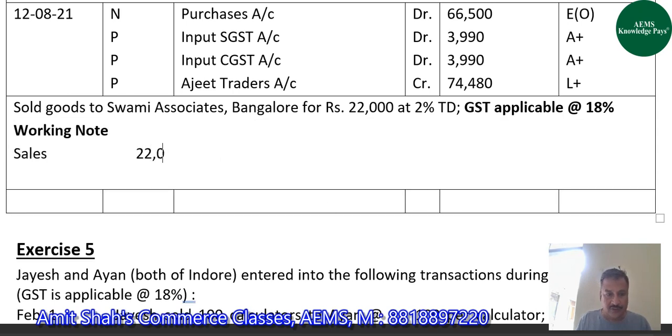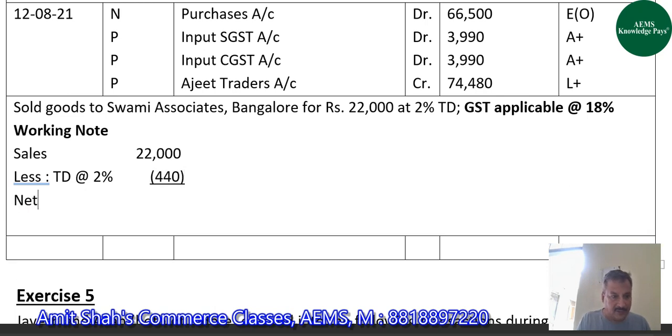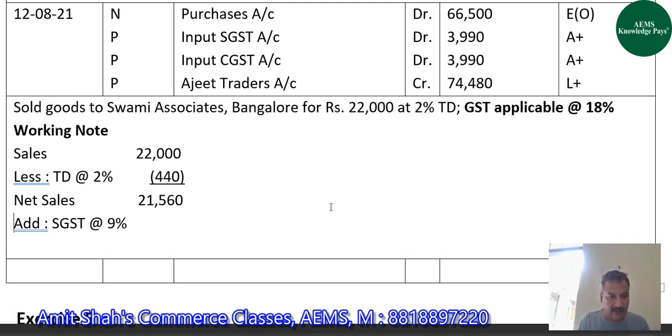Sales is of 22,000, less trade discount at the rate of 2%, that is 440 rupees. So net sales is 21,560. Add SGST at the rate of 9% and add CGST at the rate of 9%. Why? Because it is also intra-state sales.